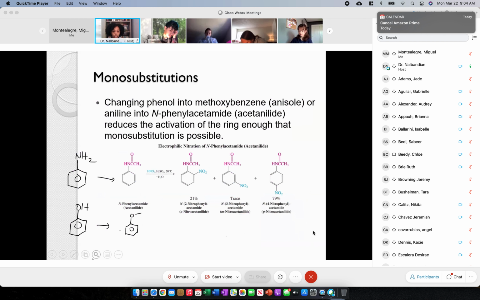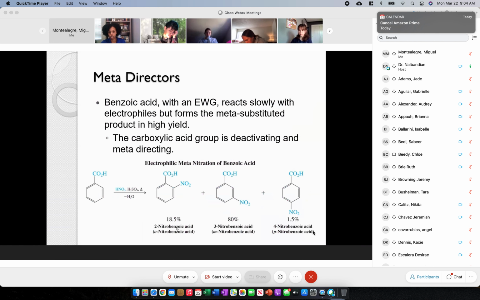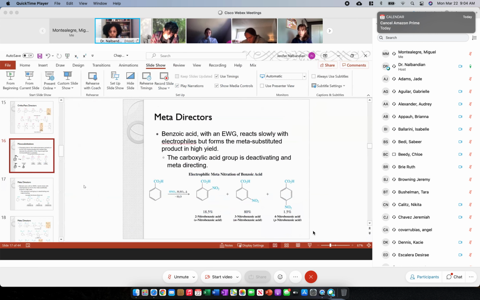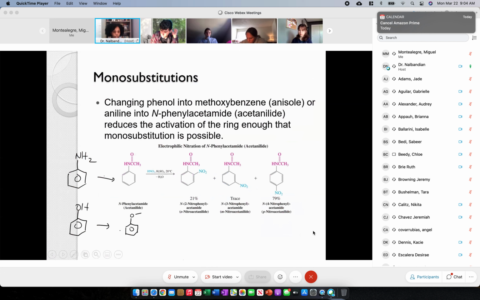So for this, hold on one second. Sorry, this won't erase. But anyway, for this reaction, if we have aniline, it's going to be very activated. If we have phenol, it's going to be very activated.